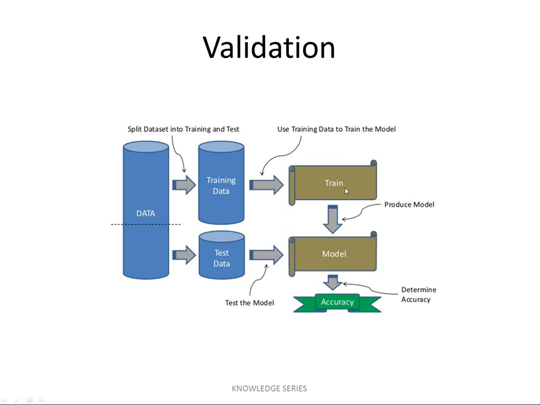If this y dash test is equal to y test, then it indicates that this model is 100% accurate. If there is a variation in y dash test as compared to y test, then we say that the accuracy has been affected, because the model is determined based on these machine learning mechanisms.